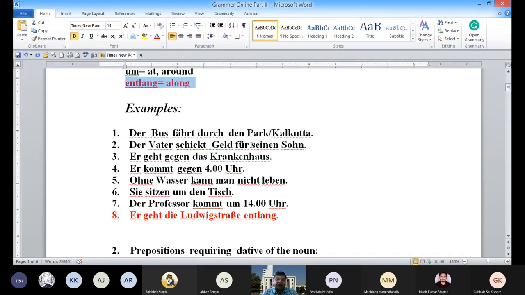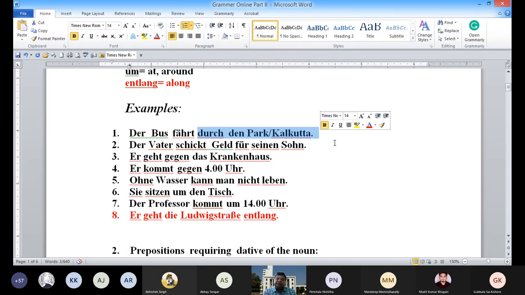Here we are not talking about subject and object. Here we are just talking about the preposition and its requirement. Please remember that durch den Park, you cannot say that this is the accusative object. It has nothing to do with the object. Please remember, prepositions are something different.